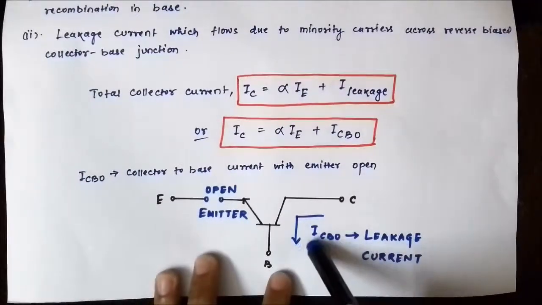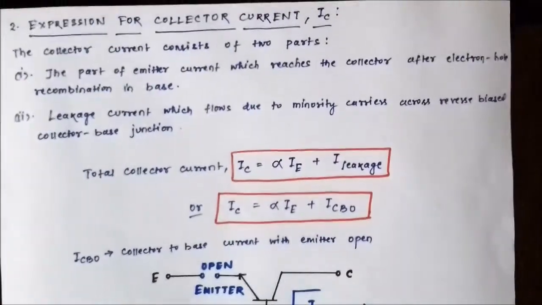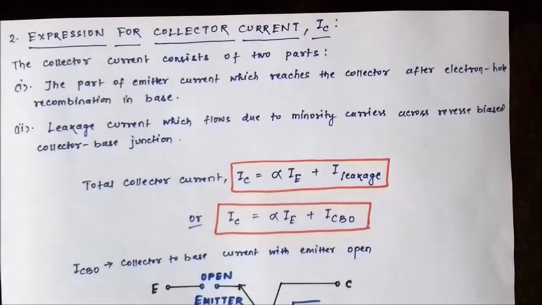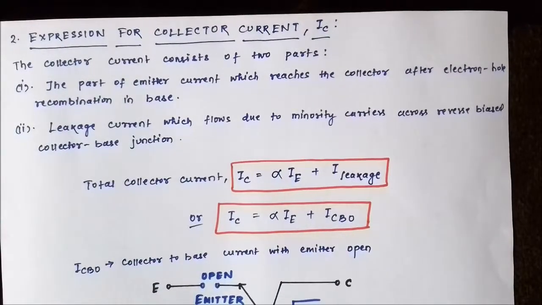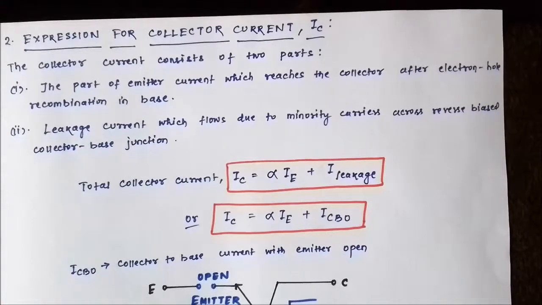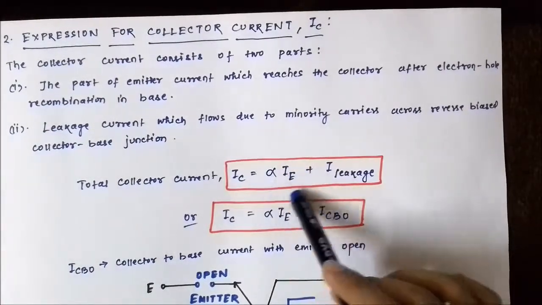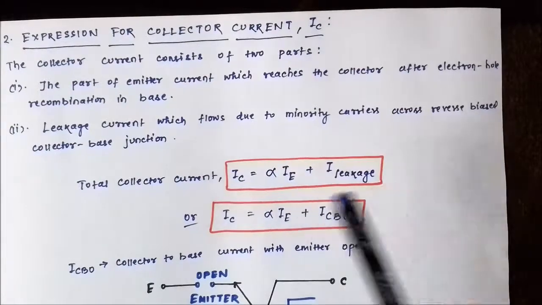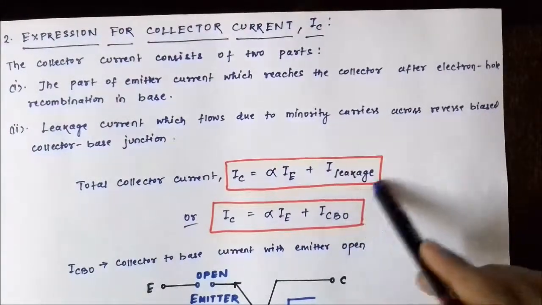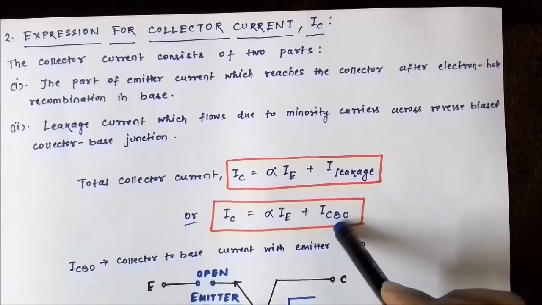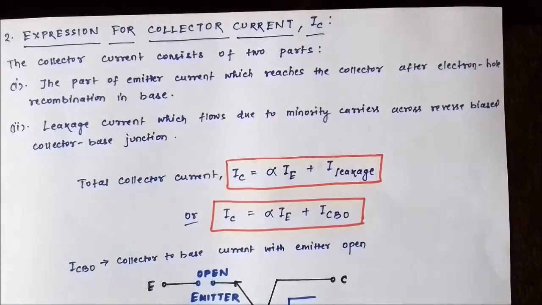Now the second part is the leakage current, which is the collector to base leakage current when the emitter is open. So we understand that the collector current in common base mode BJT, which is the output current, has two parts. First, the alpha IE part, which is because of the emitter current, and second, the leakage current, which is the collector to base leakage current that flows when the emitter terminal is open circuited.